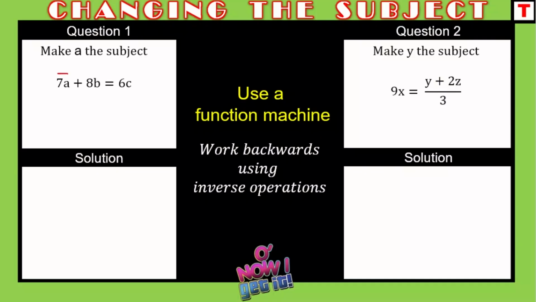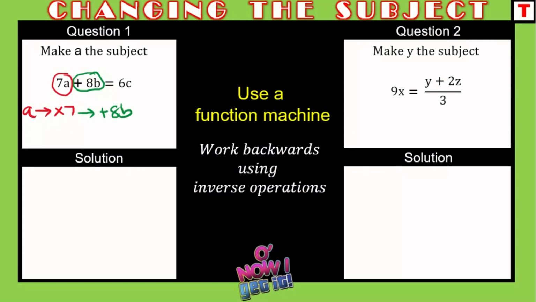If we start off with A, then A is being multiplied by 7. The second thing that's happening to A is we are adding 8B.